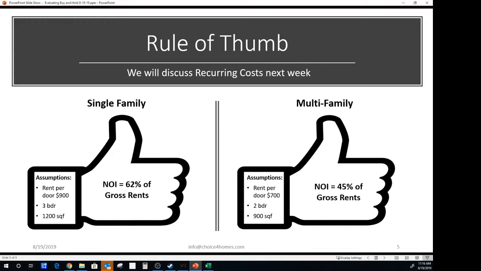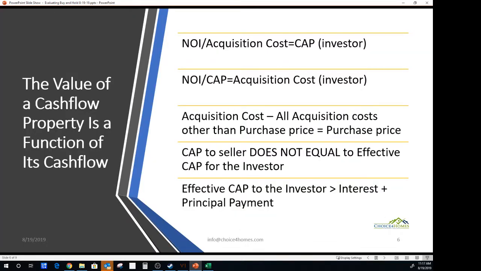It might vary slightly from state to state, and if you go super rural, it will change because your vacancies are going to be higher. But overall, for this particular presentation I'm going to say 40% is my expense burden, 60% is my net operating income. Those of you who want to know more, wait until next week, or reach out to me individually. Next slide.